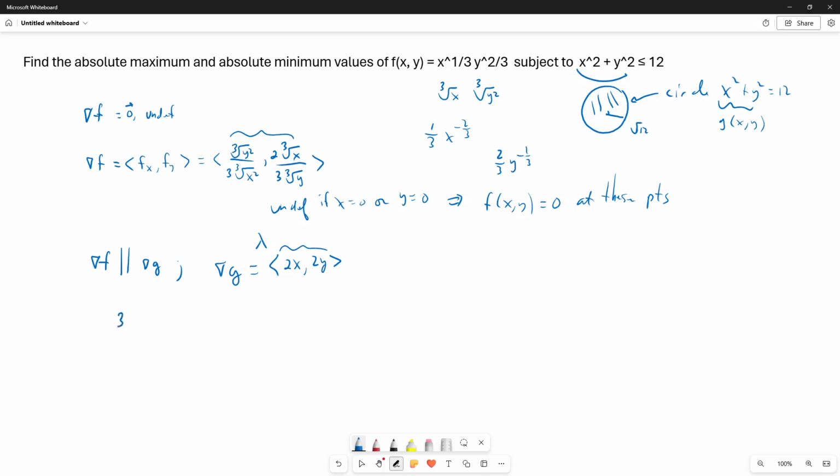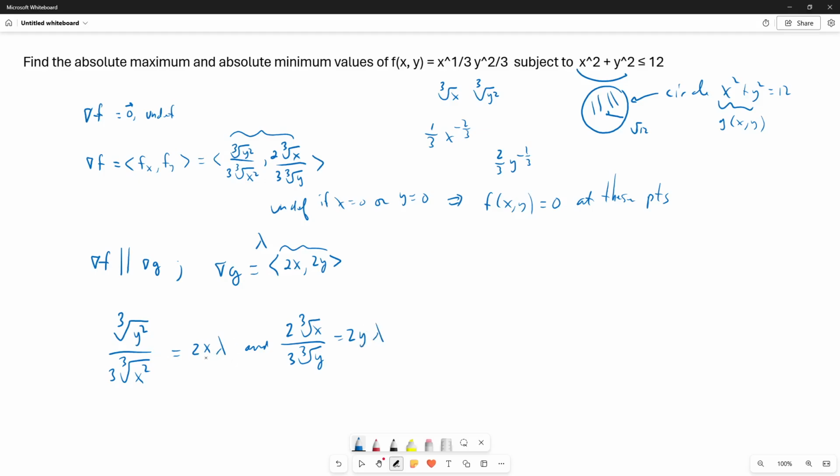Looking at each component, the cube root of y squared divided by 3 times the cube root of x squared is equal to 2x lambda. And the second component, 2 times the cube root of x divided by 3 times the cube root of y is equal to 2y lambda.